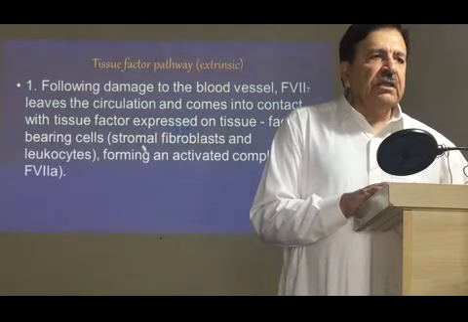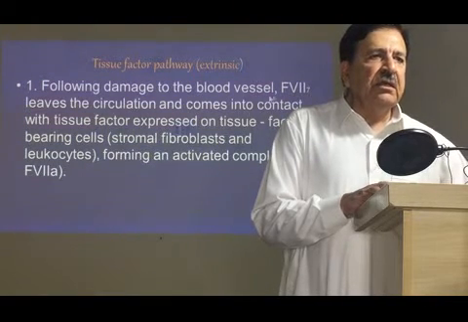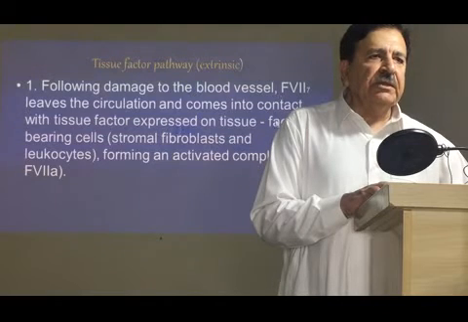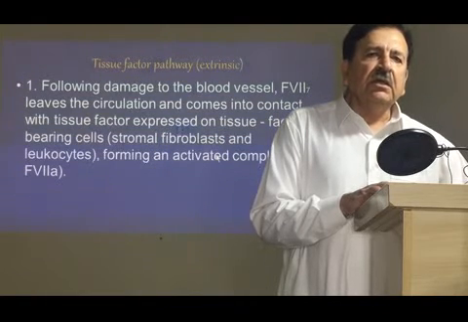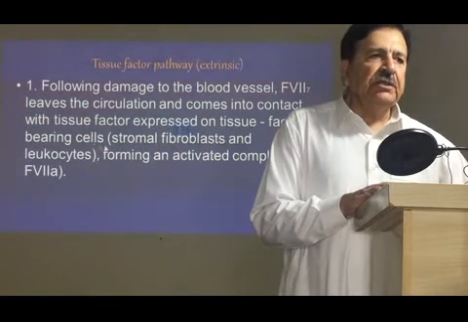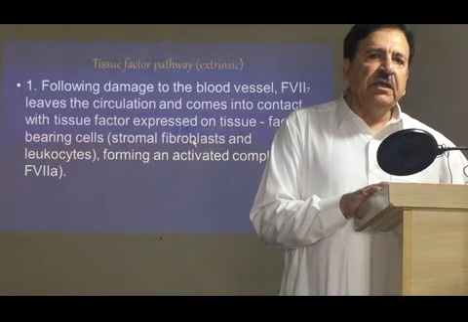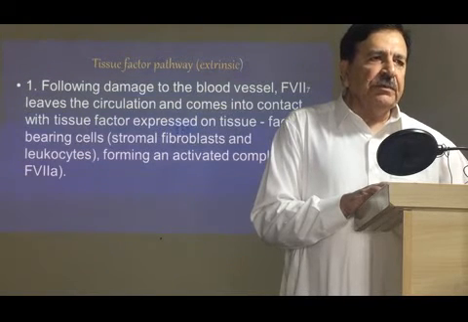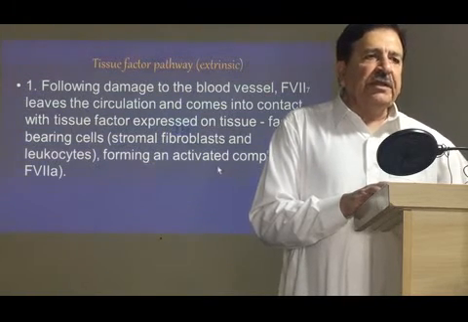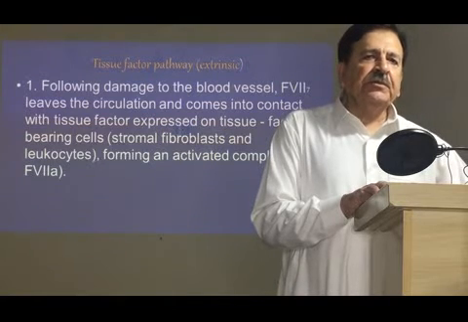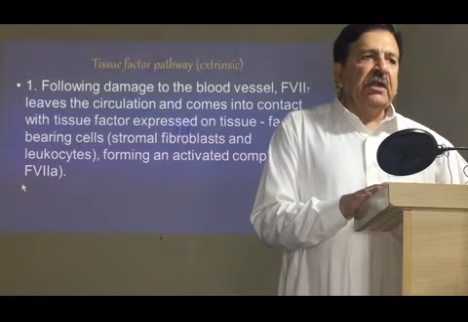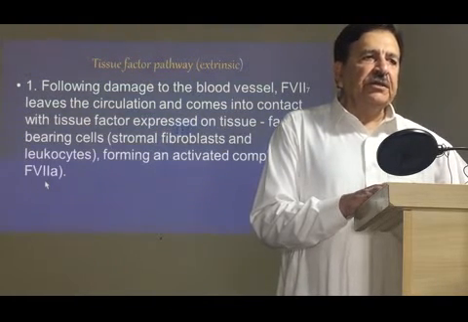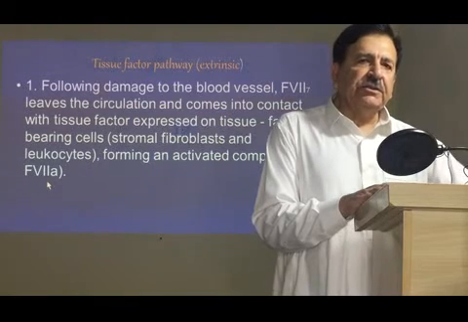And this attracts factor 7, and factor 7 leaves the plasma and attaches to these cells which are present on the damaged tissue surface, forming an activated complex, tissue factor and activated factor 7.